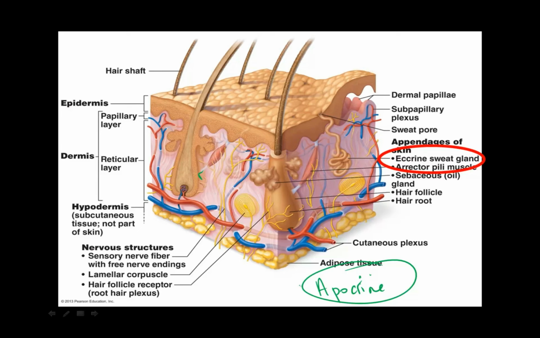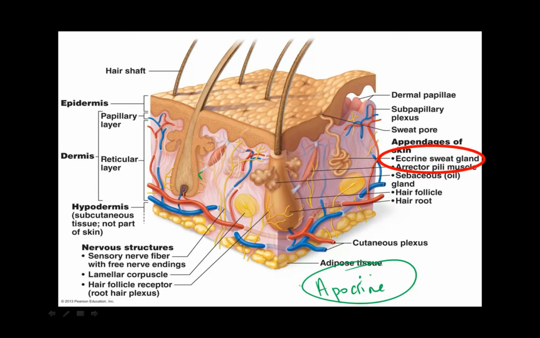And apocrine sweat, let's talk about that one specifically first. Remember when we looked at the various types of glands and we classified them based on their function. So you had apocrine, eccrine, and holocrine. We just said that the sebaceous glands were holocrine glands. Well, it turns out that apocrine sweat glands, we used to think that they secreted their products by an apocrine type of secretion, which, remember, is when half the cell breaks off and becomes part of the secretion.